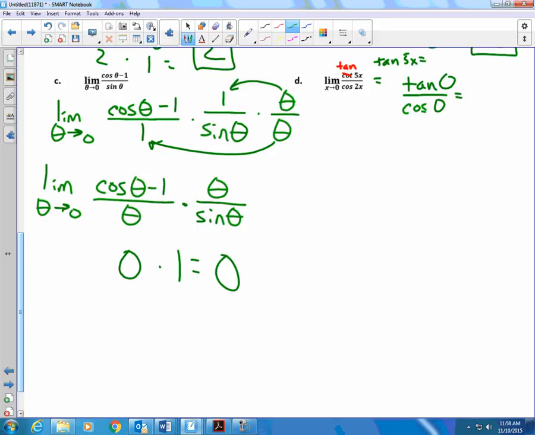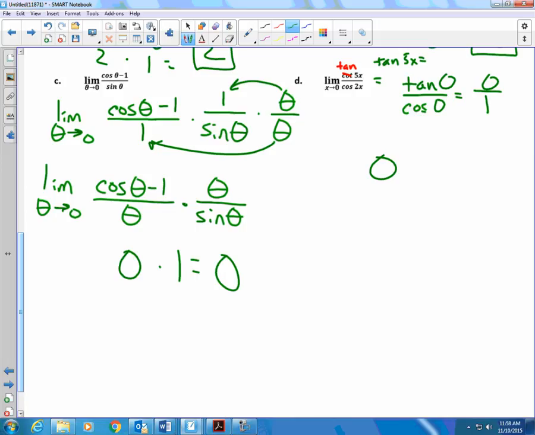What's the tangent of 0? 0. What's cosine of 0? 1. What's 0 over 1? So sometimes the problems might trick you into thinking you have to apply some tricky substitution piece, when the fact of the matter is all you've got to do is plug it in. If you get 0 over 0, then you've got a problem. But here we didn't get 0 over 0. We got 0 over 1. It's no big deal. Okay.